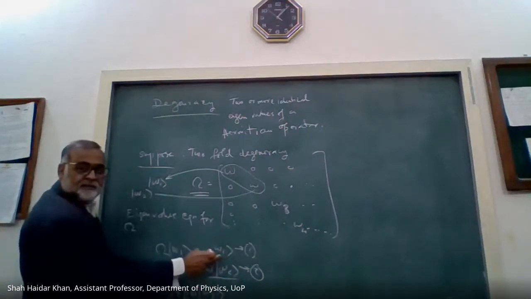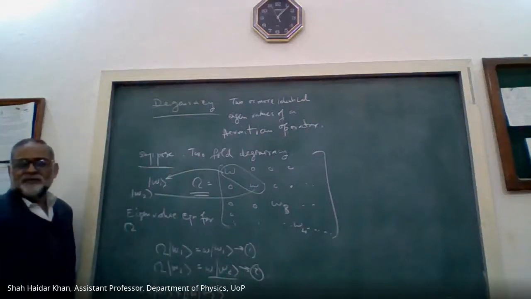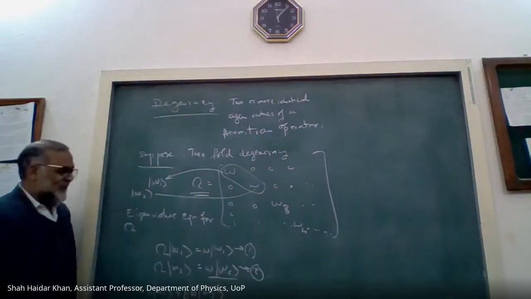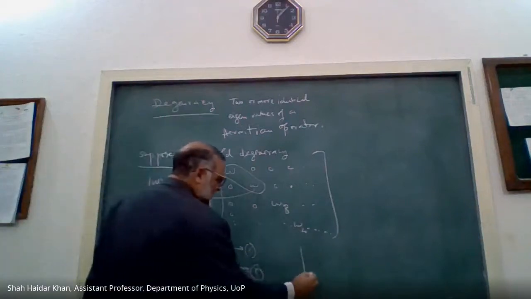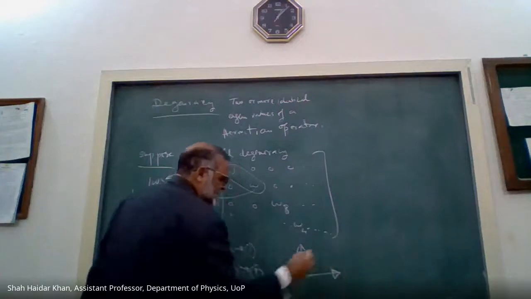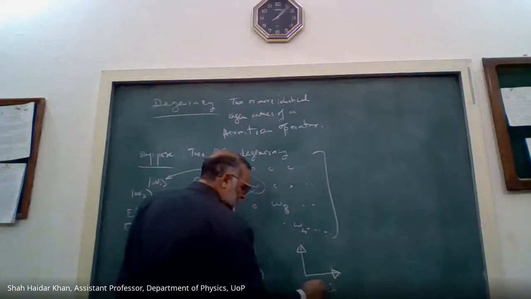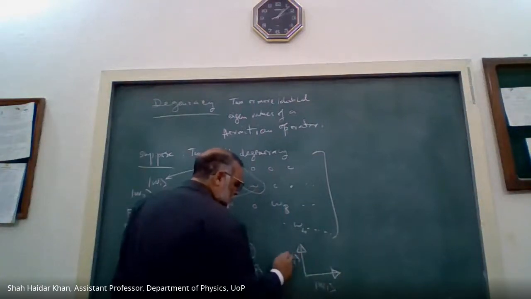Suppose one is this vector, omega 1, and this is omega 2.